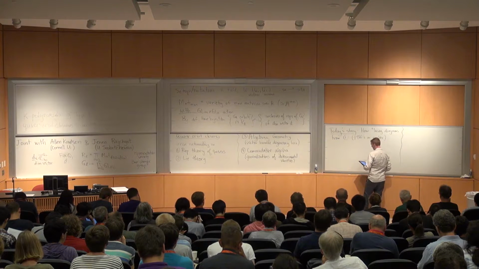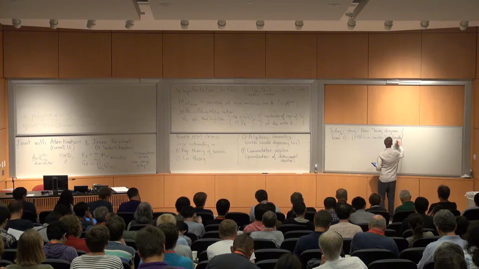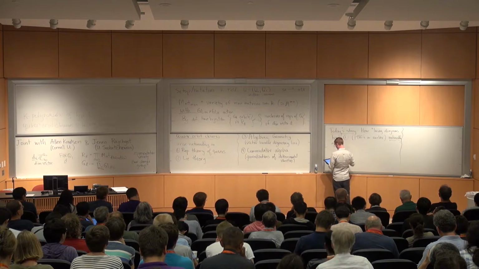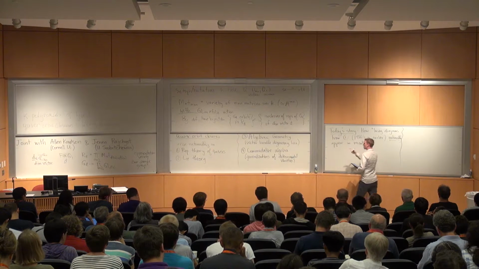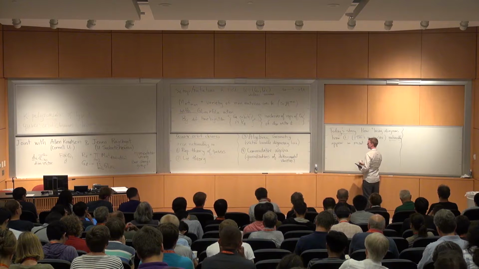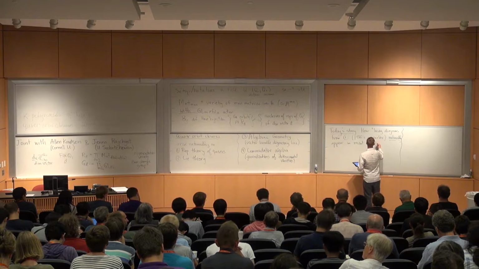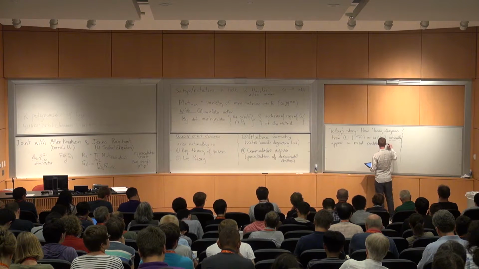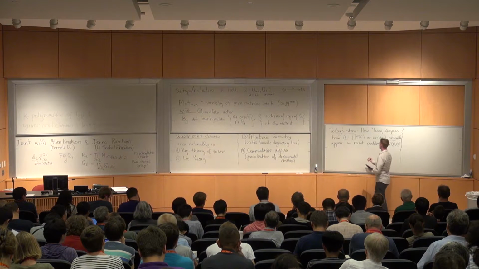How these ended up appearing very naturally in recent problems that arose in people working in algebraic geometry, usually on the algebra side. So recent, I mean like 2000s and later.